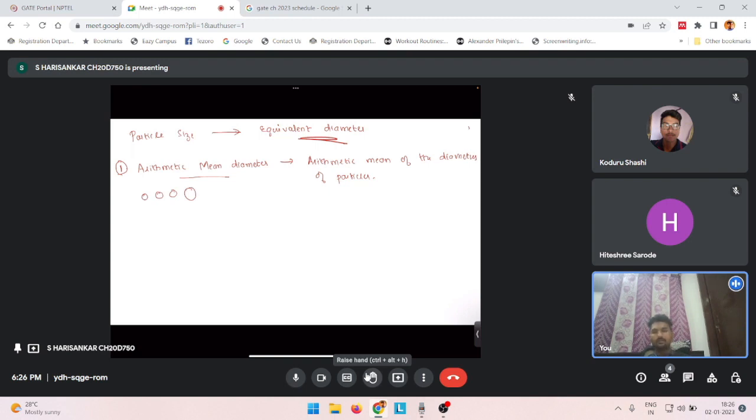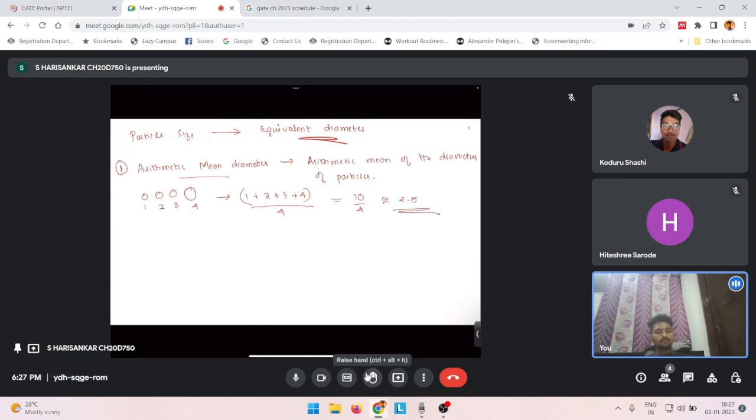Let's say one of the particles has a diameter of one millimeter, or whatever the unit may be, let's just keep it arbitrary. Then we have diameters of two, three, and four. Let's say all of them are in equal numbers. What is the arithmetic mean here? Basically, it's just the sum of these diameters divided by the number of particles, 4. So 1 plus 2 plus 3 plus 4 is 10, divided by 4, so 2.5 is your arithmetic mean.